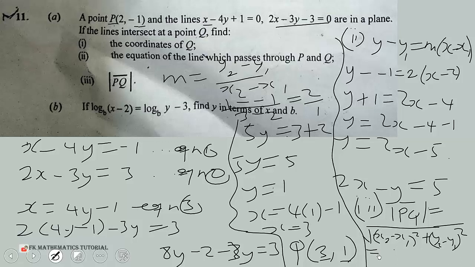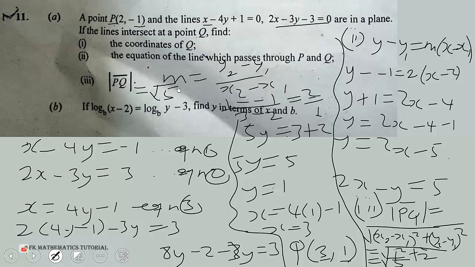So this will be equal to square root of, so we found that already. We found the x2 minus x1 to be 1 and the y2 minus y1 to be 2. So that will be 1 squared plus 2 squared, which is square root of 5. So root 5 units. The magnitude of this is equal to square root of 5.